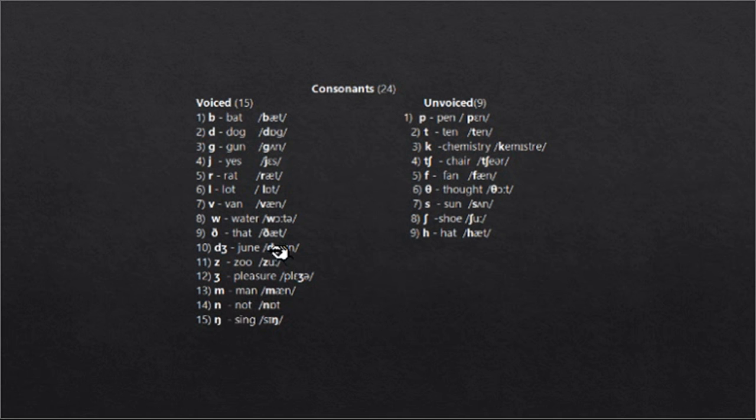Mana, and these are unvoiced sounds. Patak, pa, ta, ka, chafat, cha, fa, tha, and sa, sha, ha. And in this way, I have simplified it.